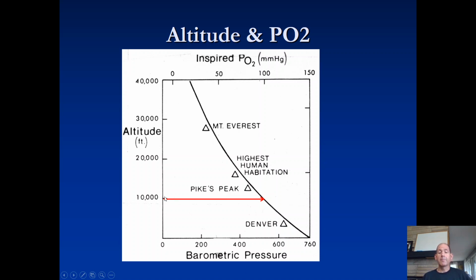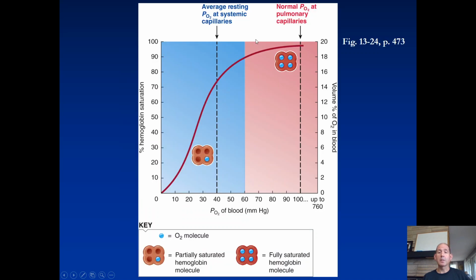So once you get above about 10,000 feet, that is when you would start observing the inspired PO2 falling beyond the steep portion of the oxygen dissociation curve.